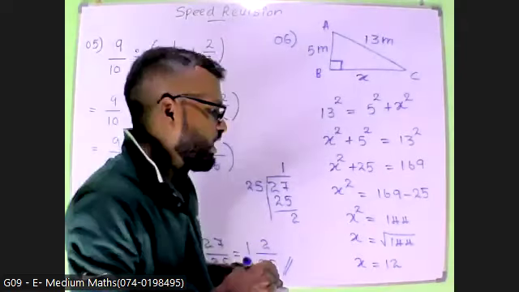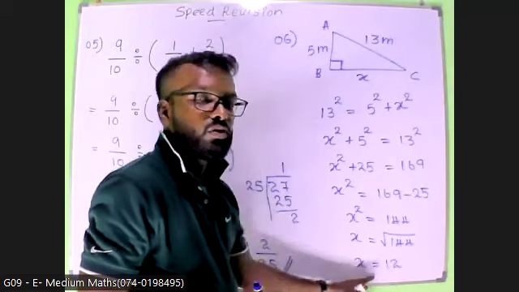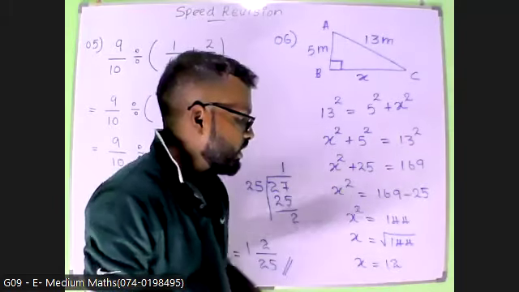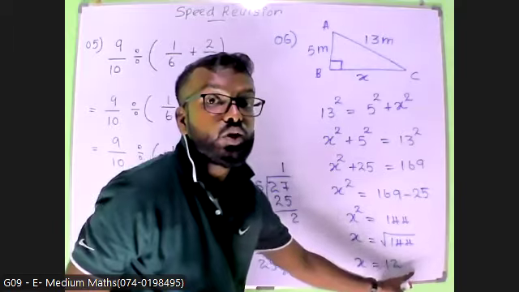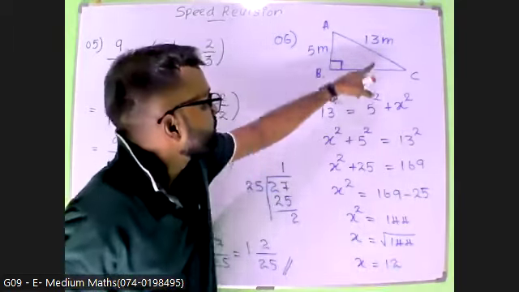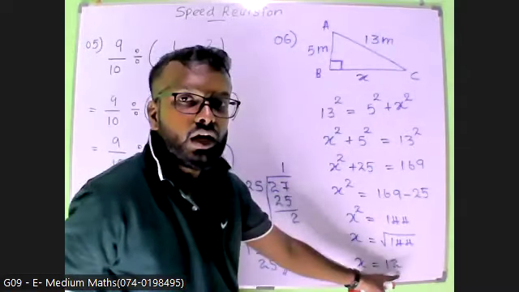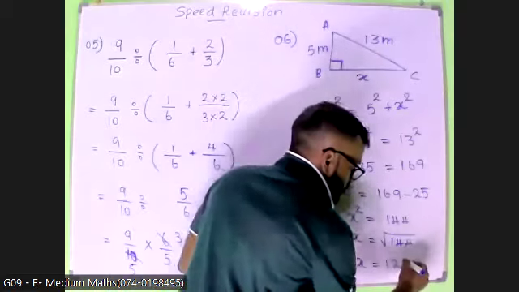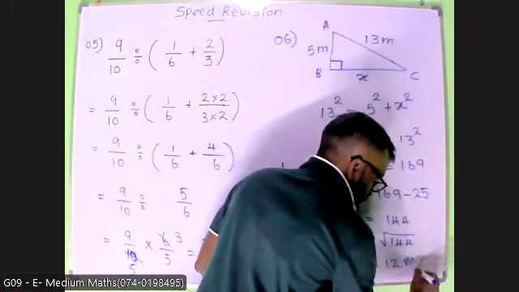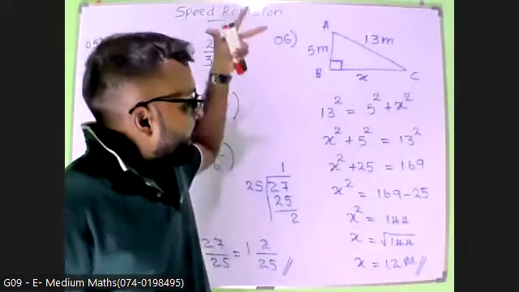So is this the final answer? This is not the final answer because you haven't put the unit here. So what is the unit? 5 meters, 13 meters. This should be 12 meters. So this should be your final answer, right?